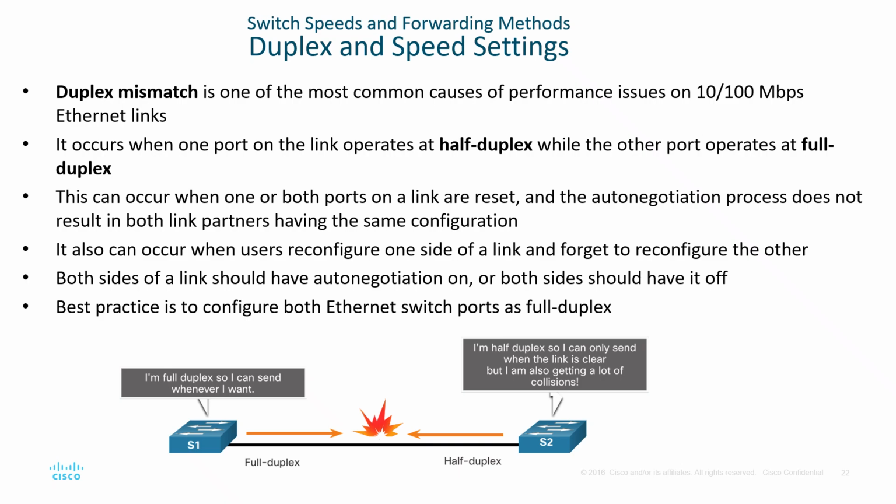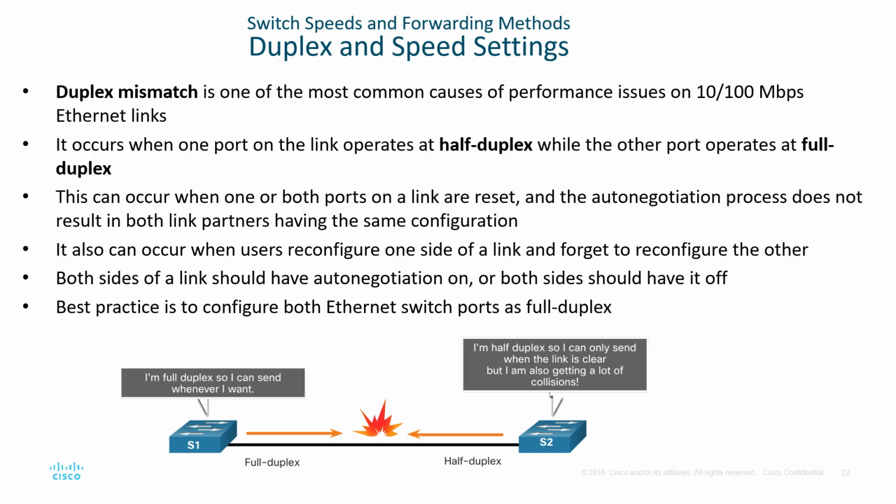So we can actually go into our switch ports and tell our switch ports what speed to work at and what duplex to work at. So take a scenario where you had an older situation. You had a switch port that was connected to a hub because that's what you had available in your network.